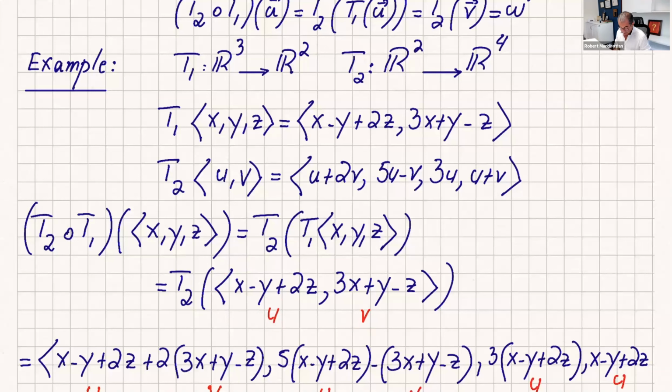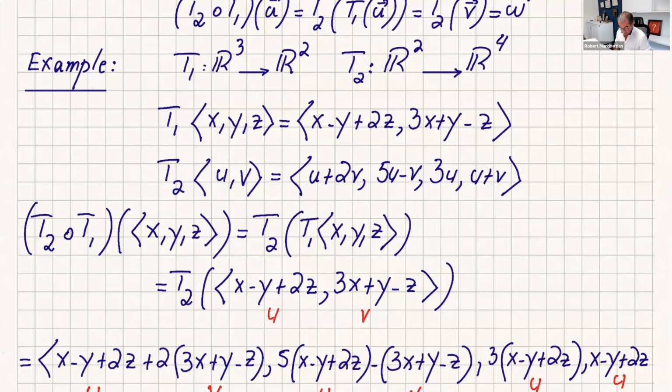Basically, you go to T2, wherever you see u, you substitute that by x minus y plus 2z, and wherever you see v, you substitute that by 3x plus y minus z. And I wrote that here for you. So it's u plus 2v, so it's going to be that plus 2 times v, and so on for each one of them. Please double check that.